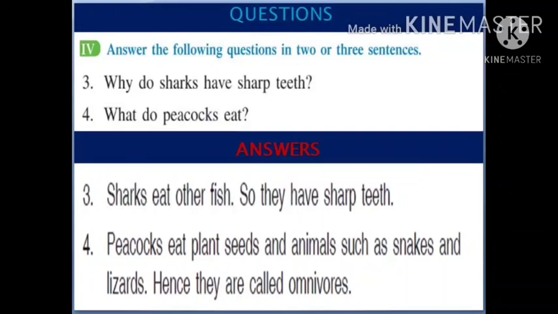Peacocks eat plant seeds and animals such as snakes and lizards. Hence they are called omnivores. They eat the seeds of plants and animals like snakes and lizards, and that is why they are known as omnivores, because they eat plants and also other animals.